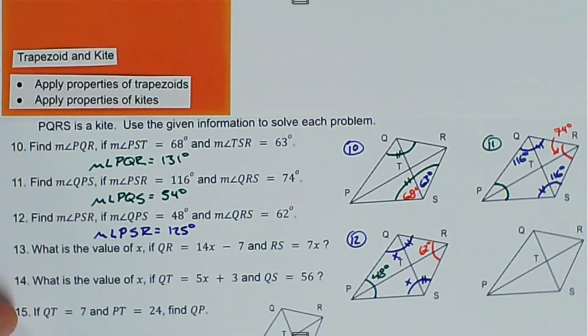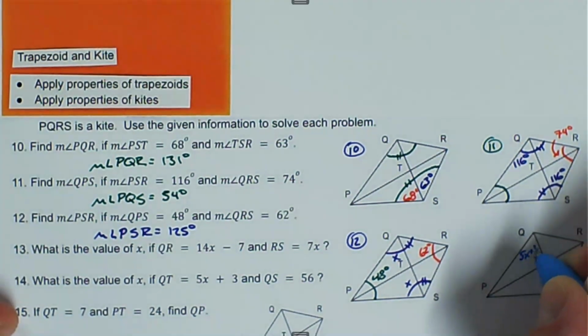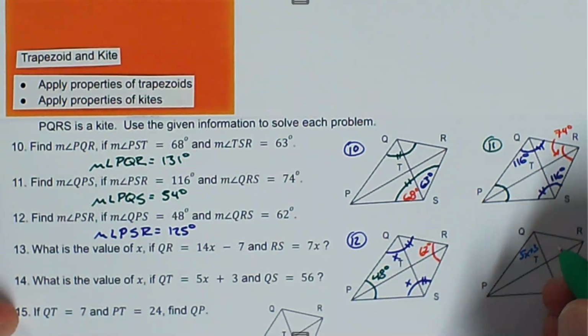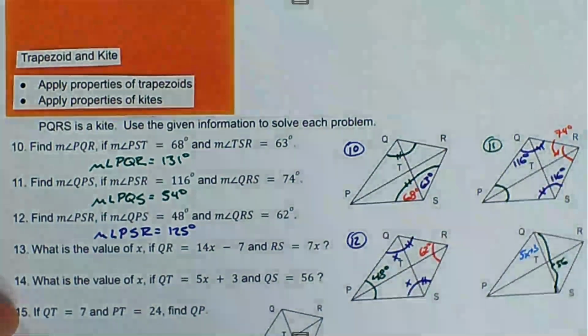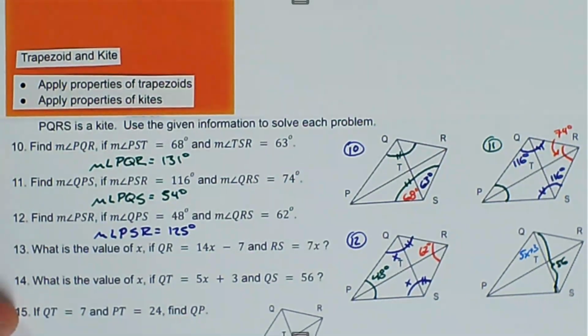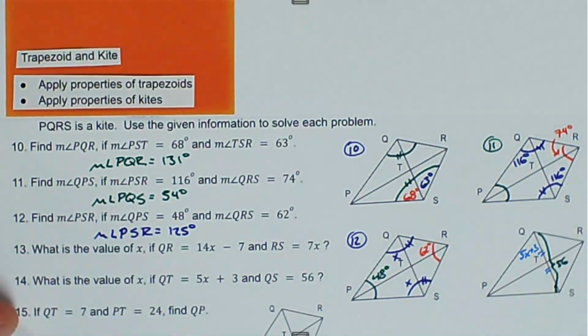So for this one, we can say QT is 5x plus 3, and QS is 56. So that full length there is 56. Well, we know that one set of diagonals is bisected, so we can say that these are congruent.